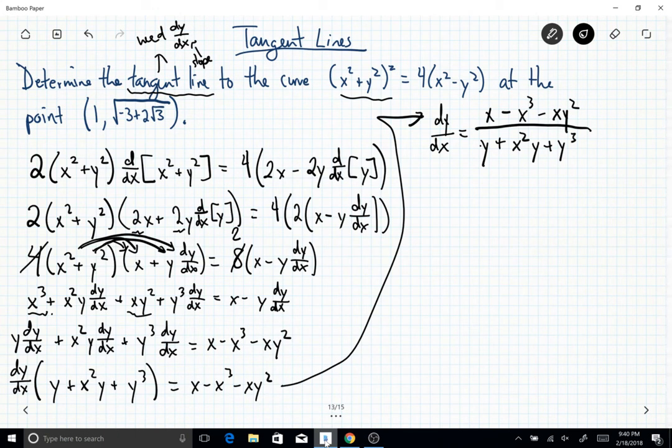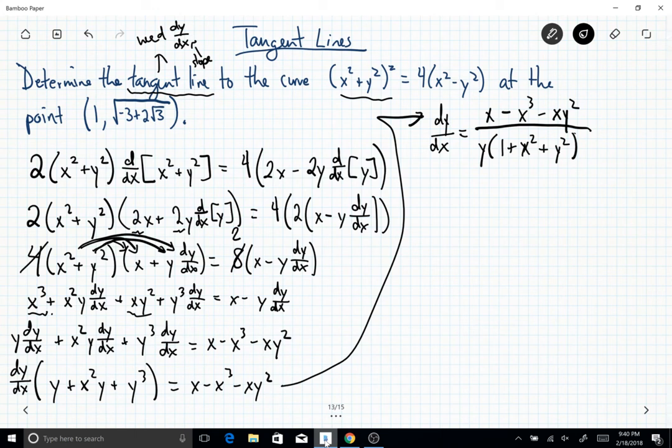Okay, notice in the denominator we can make our lives a little bit better. Everything has a factor of y in it. So let me factor that out and rewrite that denominator just to make lives a little bit easier for us. We can factor out the y, and then we're left with 1 plus x squared plus y squared. Okay? That'll be a little bit nicer for us.